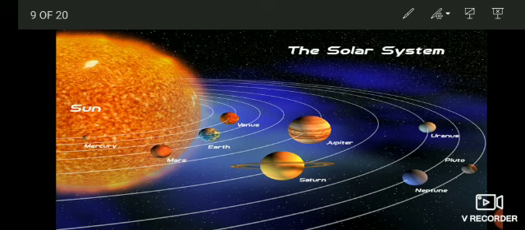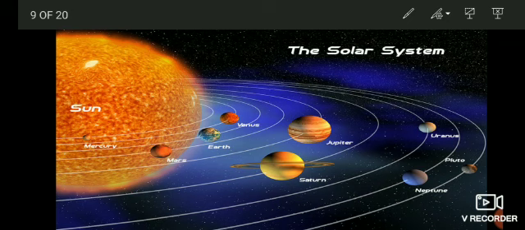What is the relation between these objects, and are these objects in motion? Yes, they are in motion. All planets are in motion and they are having two types of motion. All these objects are revolving around the sun.